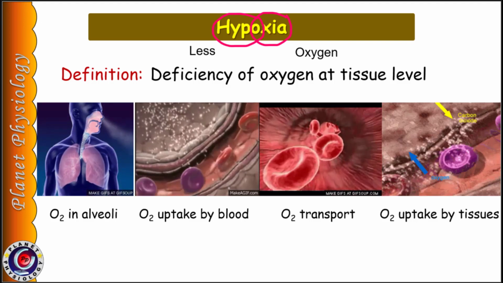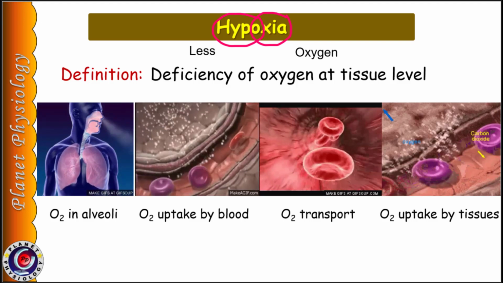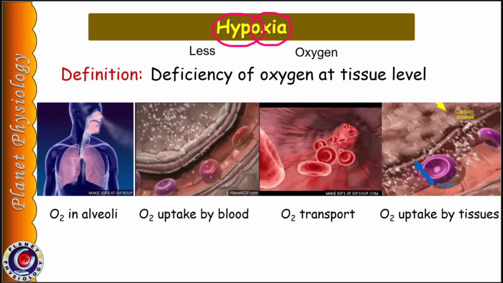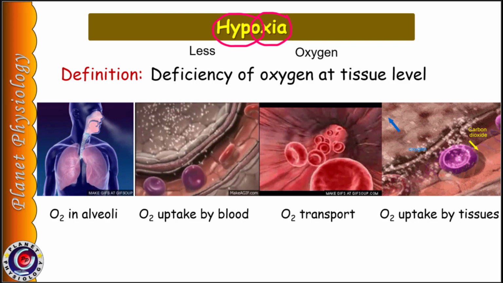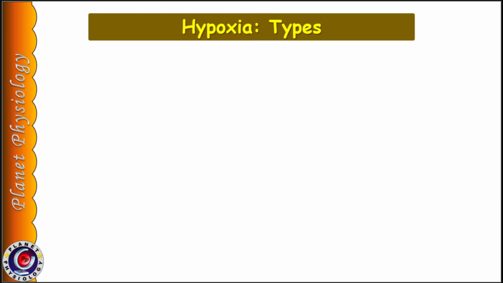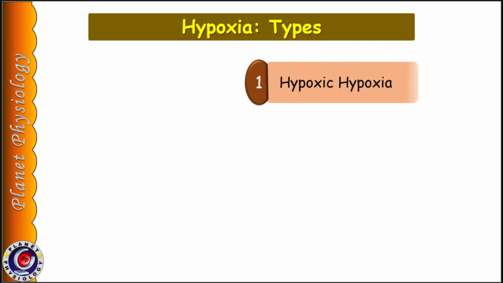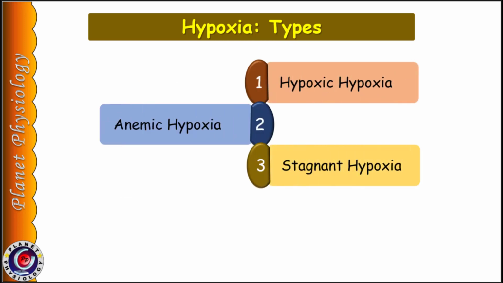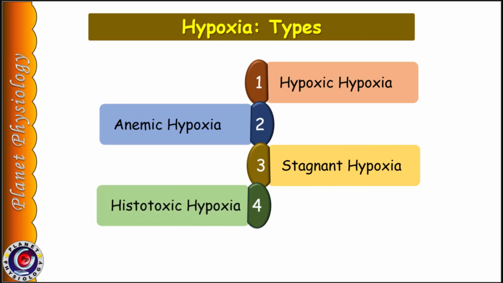So if there is hypoxia, there must be problem in at least one of these steps, and based on the level of fault, hypoxia is traditionally categorized into four types as hypoxic hypoxia, anemic hypoxia, stagnant hypoxia, and histotoxic hypoxia. Before we start details of each, you should have clear understanding of various terms used in the discussion.